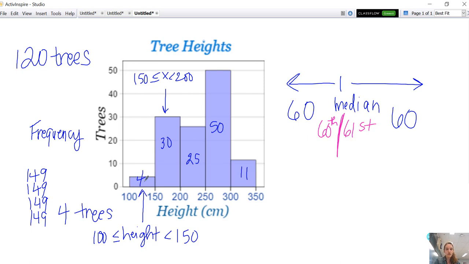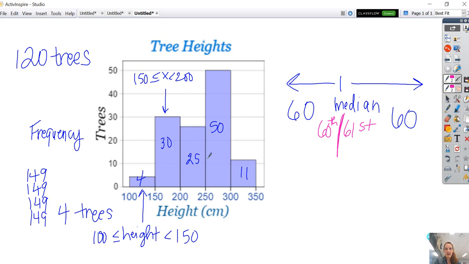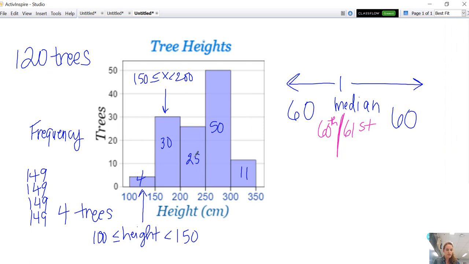Okay, so there's 4 trees in the first bin, 30 trees in the second bin, and 25 trees in the third bin. 4 plus 30 plus 25 is 59. So I know that 59 of my trees are in these 3 bins. So that means that tree number 60 and tree number 61 are in this bin, because the next 50 trees are in this 4th bin. They have heights between 250 and 300.